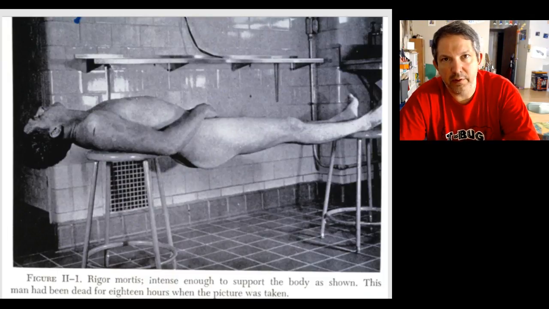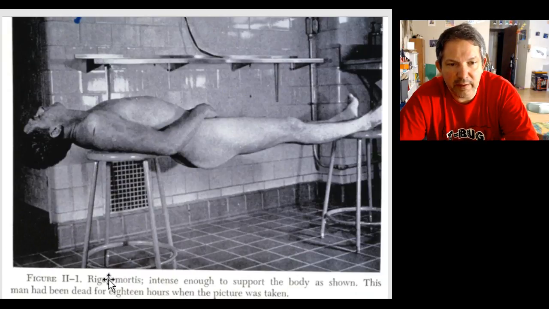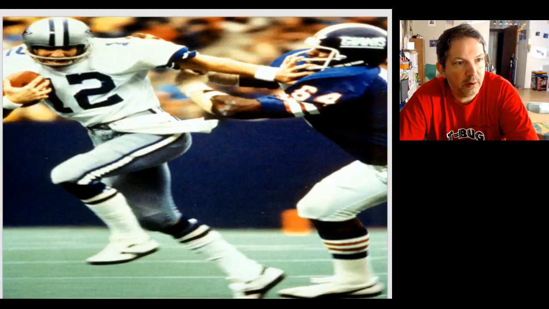Now, it will wear off eventually, but this man has been dead for 18 hours and he's very stiff. How is it that he is very stiff? His muscles are in a state of contraction. How could he be contracting his muscles if he's good and dead? I mean, he's obviously very dead here.